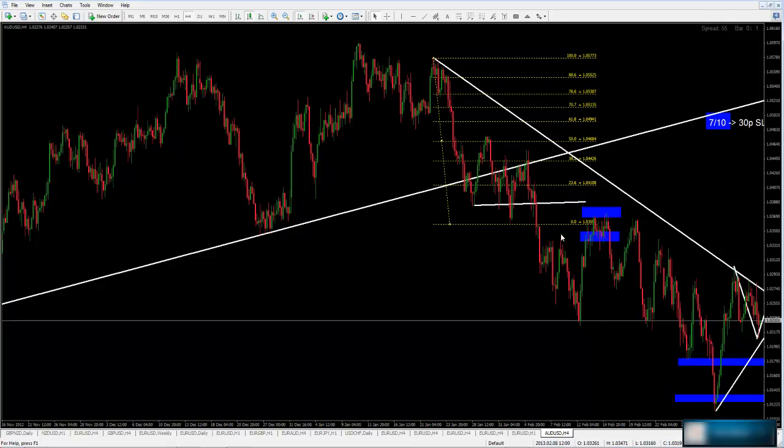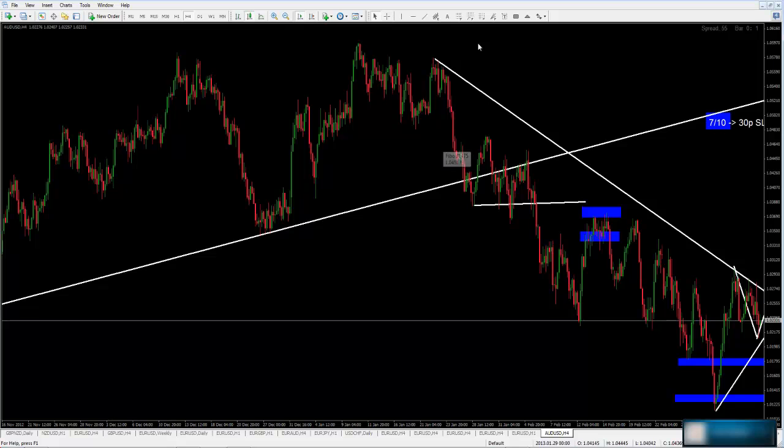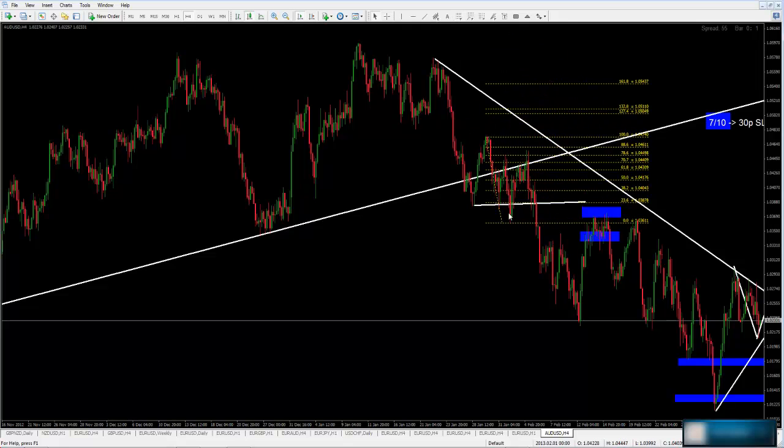We cannot use this fib to add a position because it's the bigger swing, but we will use the swing that really formed the breakout. So we could use this one, sell the 50 and 61.8. Initial profit target could have been 127.4, 161.8.